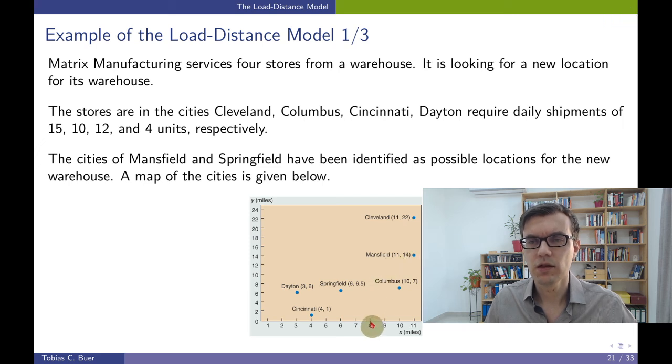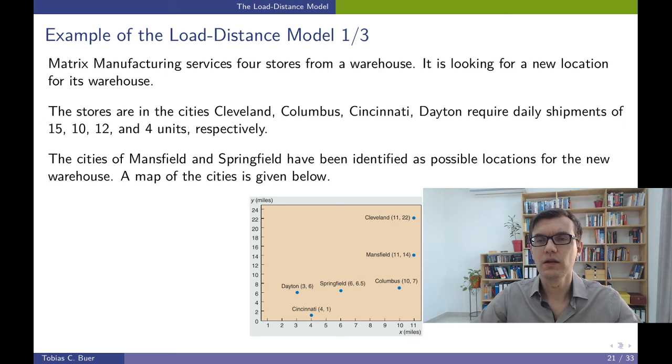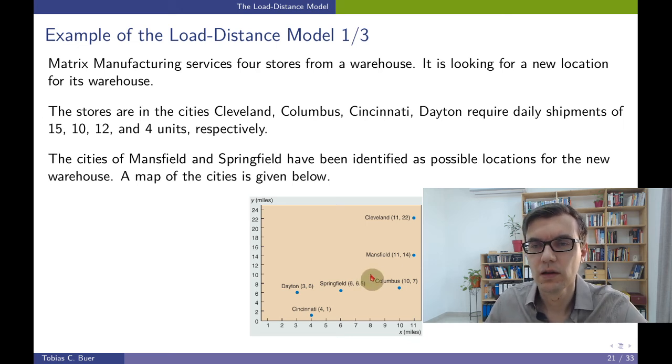So on the x-coordinate 8 and the y-coordinate roughly 10.5. Roughly here. This would be the center of gravity, and this would be the location where we should look for a possible place where we can have our facility.